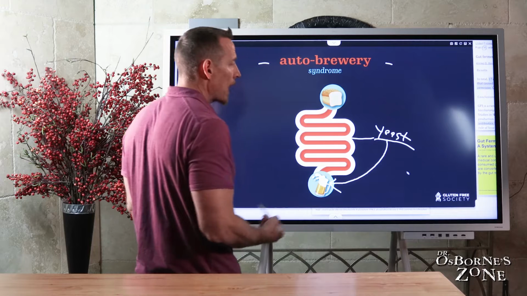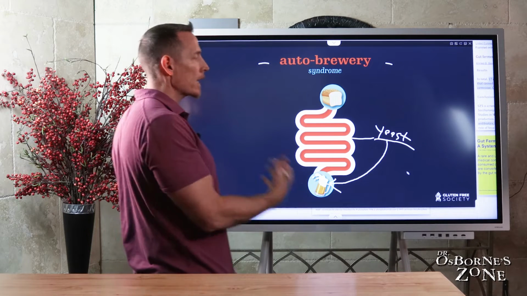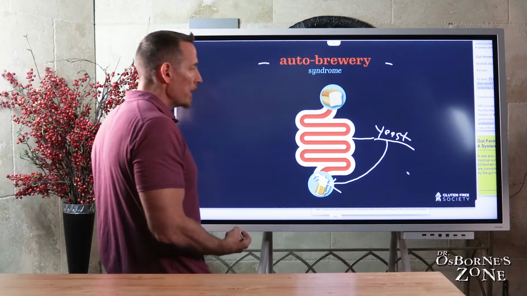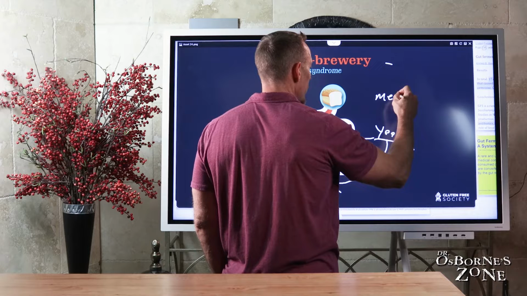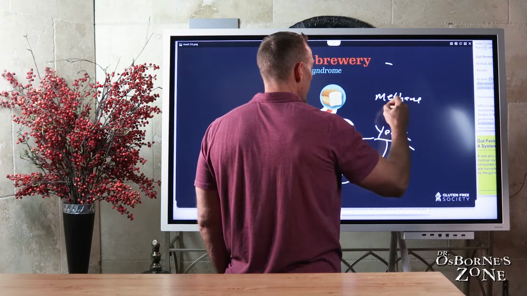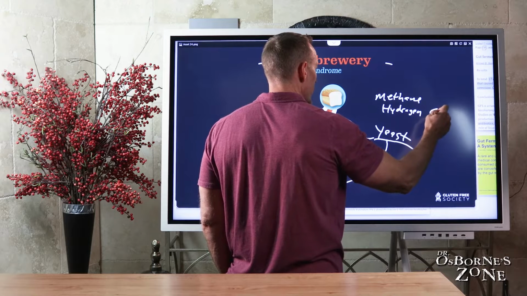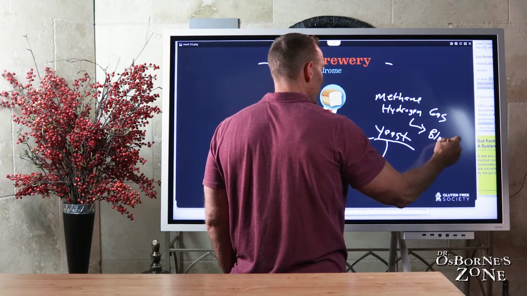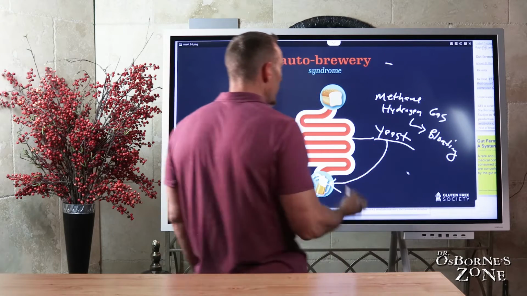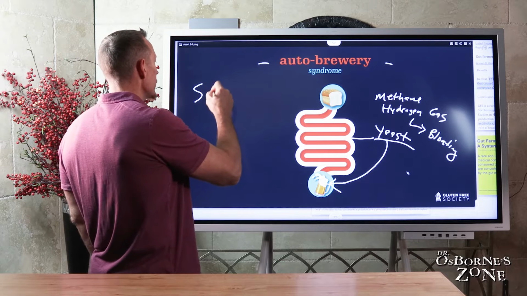Most of those individuals have been feeding yeast by over-consuming alcohol for so long that they actually have a gas byproduct. Yeast can produce methane and hydrogen gas, and this is what can cause a lot of the bloating that people experience. It's also common that people with auto brewery, I've seen them where they've been diagnosed with something called SIBO.